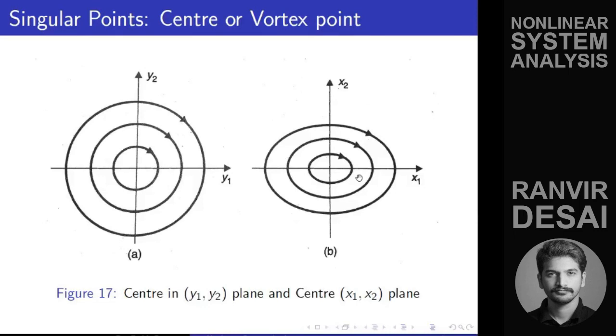But a situation is there where you will have sustained oscillations in x1 and x2, which results in this circular or elliptical trajectory. So this is called a center point. So we have seen 6 types of singular points.